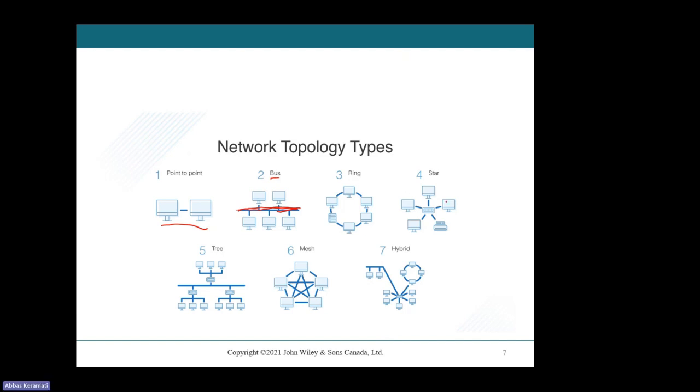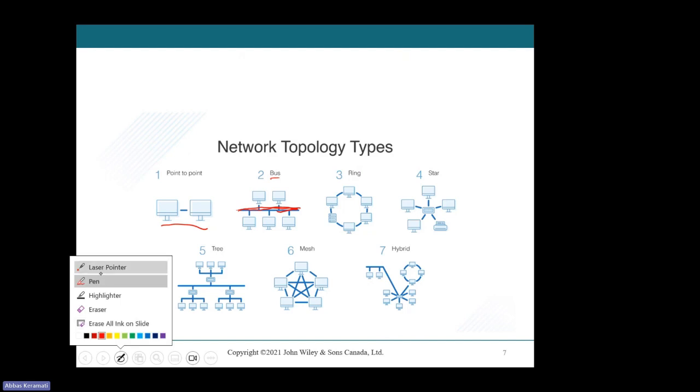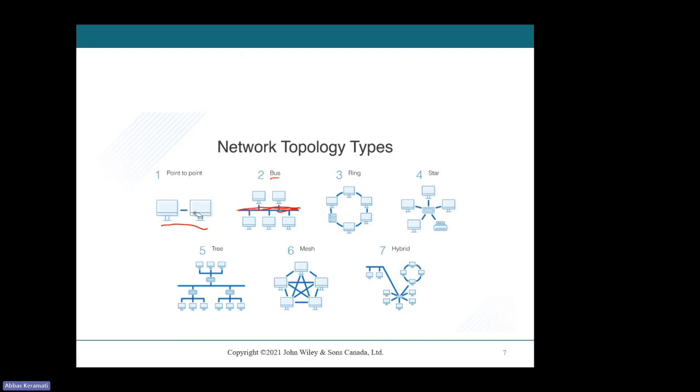Another topology, again like a cable or could be wireless, is a ring. Another type is a star. So what's the difference? For example, if one of the nodes is disconnected in a ring, the rest of the computers would be disconnected, because we don't have any ring anymore.